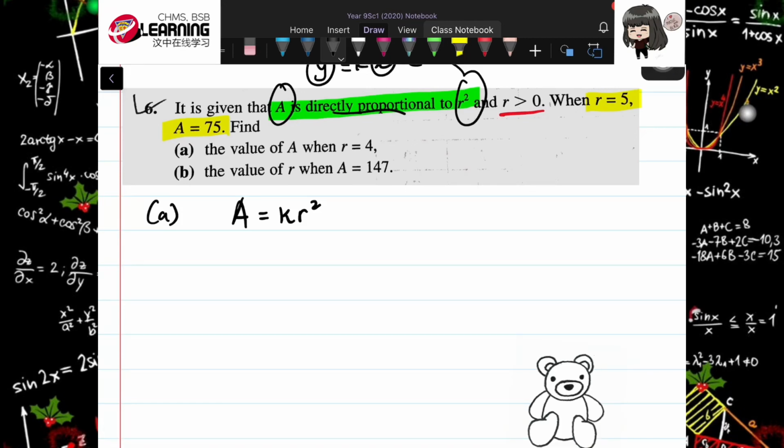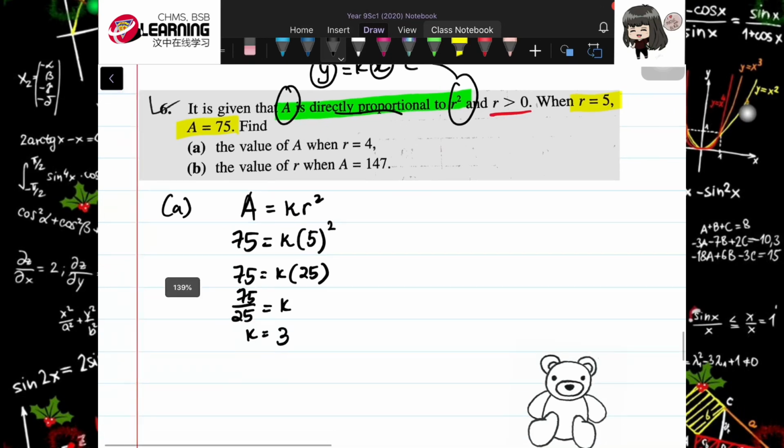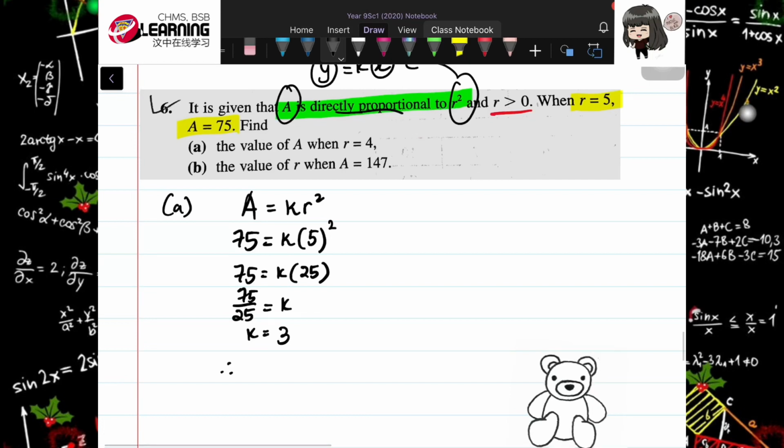A is 75 equals K times R, and R is 5. Don't forget your square. So 75 equals K times 25, and K is 75 divided by 25, which is 3. So if they ask you to find the equation, it will be A equals 3R squared.